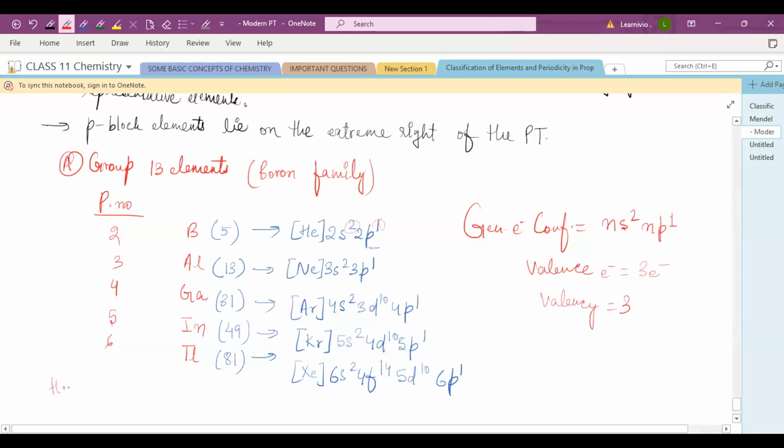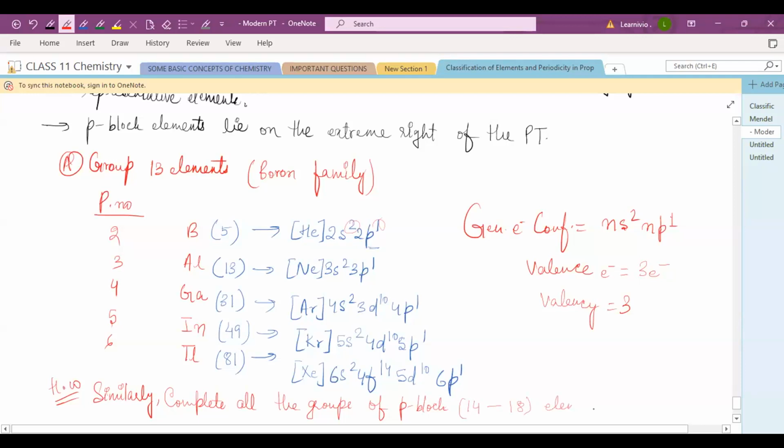So homework here is, just like the above, complete all the groups of P block, from 14 to 18. 14 to 18 तक का आपको लिखना है ये all the general electronic configuration, right?